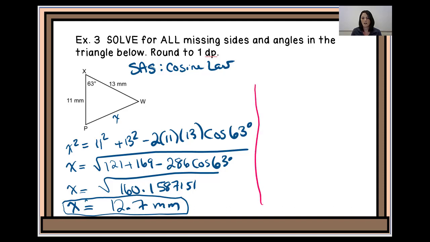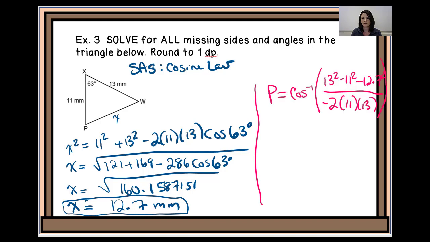So let's say we're going to find P this time. Okay, let's substitute into our formula. So we have 13 squared minus 11 squared minus 12.7, which is what we calculated, divided by negative 2 times 11 times 13. And remember, we're taking the inverse cosine function of that. Okay, go ahead and simplify.